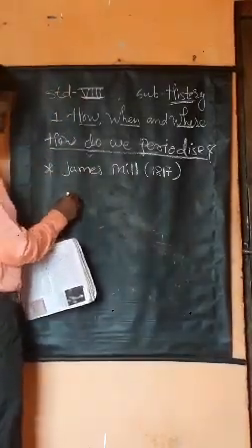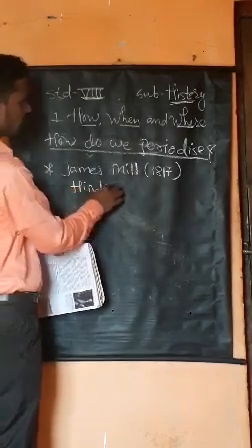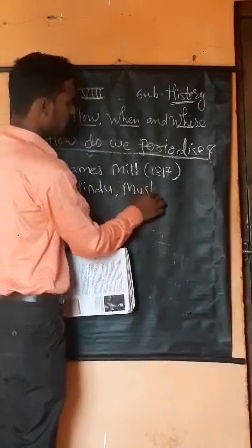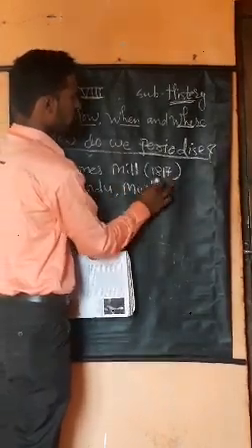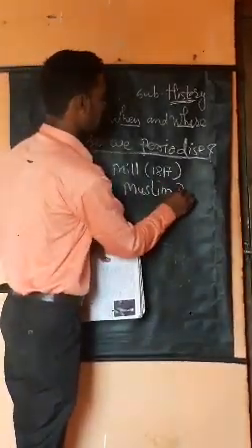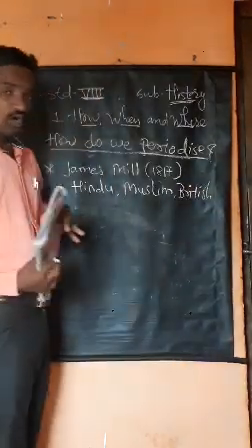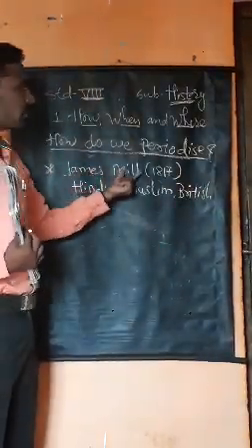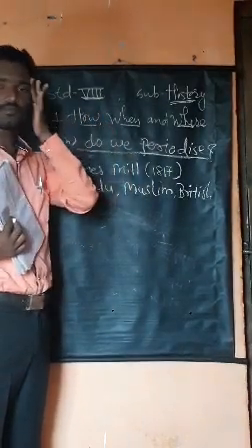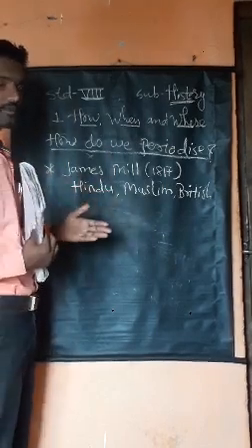Hindu time, then Muslim time, and British time, according to James Mill, who was from Scotland, so a Scottish person.